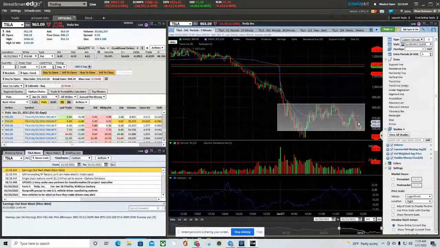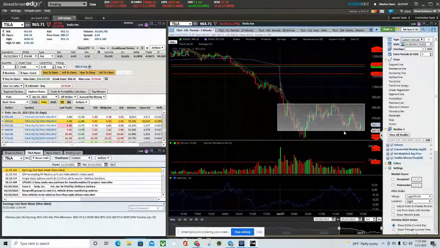Guess what's going to happen at the end of the day? This contract, as it gets closer and closer to the end of the day, this premium is going to erode, lower and lower and lower. And it doesn't matter if near the end of the day Tesla almost reaches 950. That premium is not going to be worth $5.70 anymore, because you're at the end of the day.